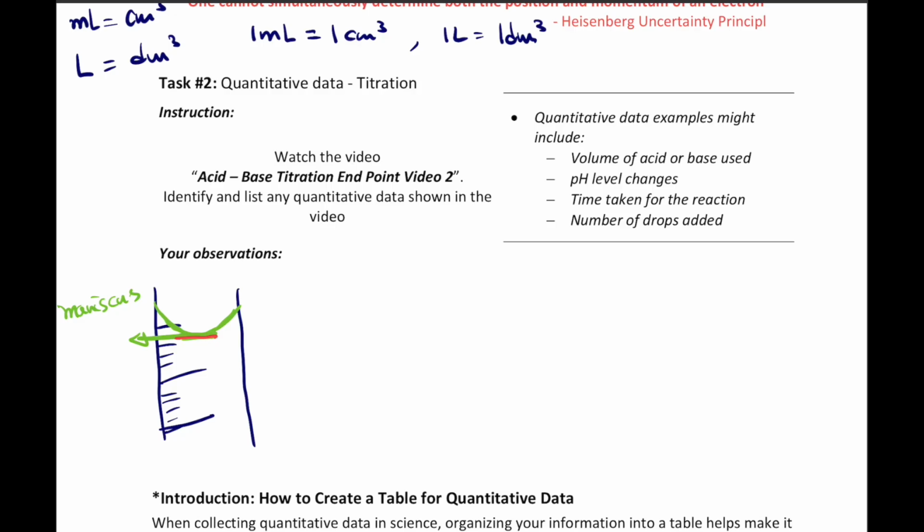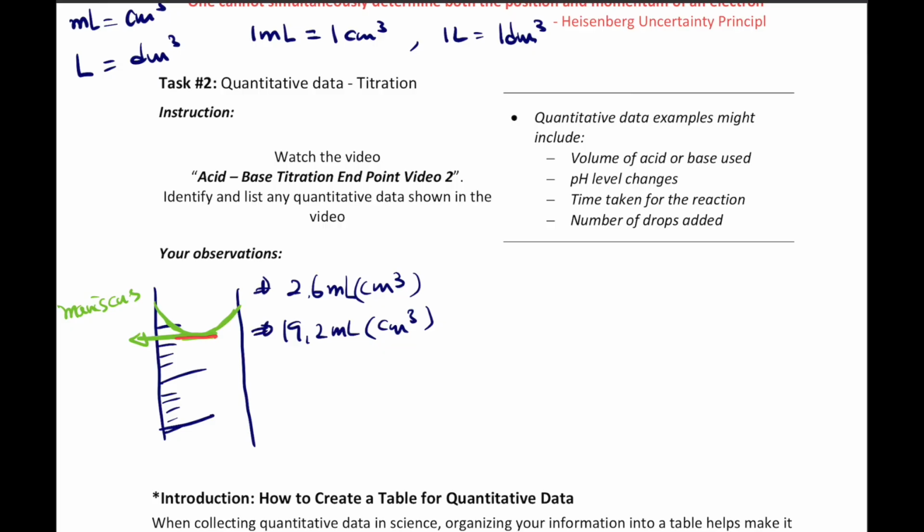Okay, so we all have watched the video together, and now you must have two measurements. The first one must be 2.6 milliliter or centimeter cube. Second reading must be 19.2 milliliter or centimeter cube. Okay, and you must have written it like this.